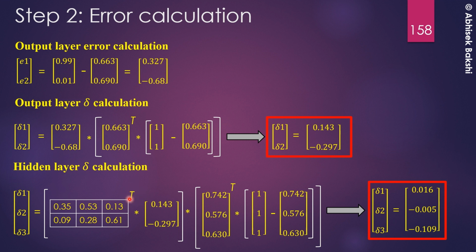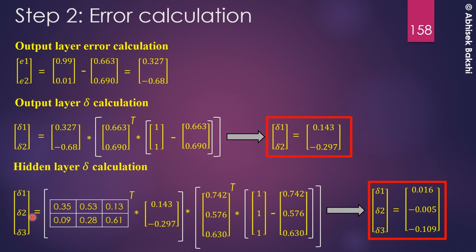I'm not going into much detail on this. I hope it is clear how you are calculating the deltas, because the delta calculation is very straightforward. Instead of doing delta 1 and delta 2 individually, we apply matrix rules so that all the deltas are calculated at a time, which saves time, right?